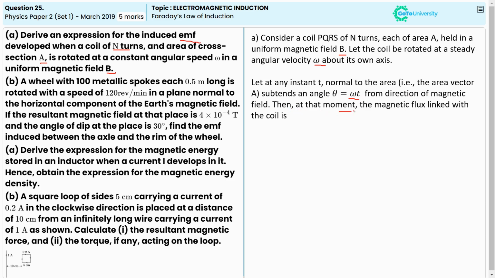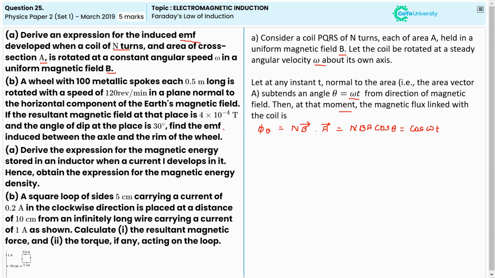Then at that moment the magnetic flux linked with the coil is given by phi B is equal to n times B vector dot A vector, which is equal to n B A cos theta, which is equal to n B A cos of omega t.